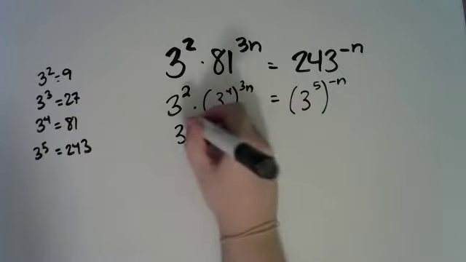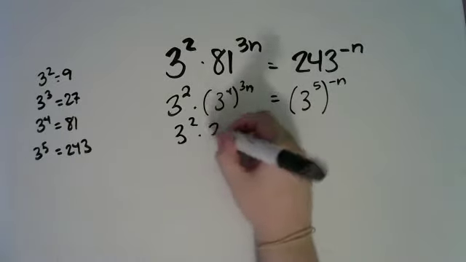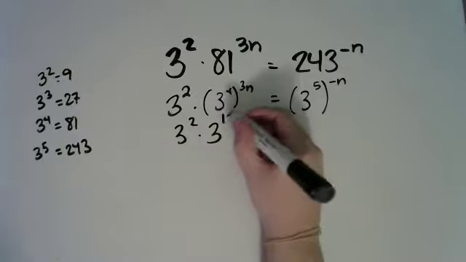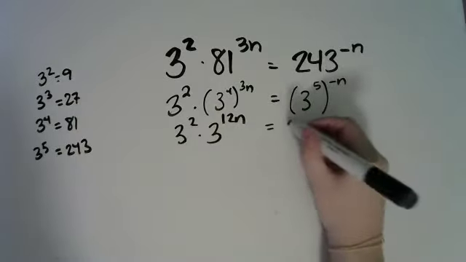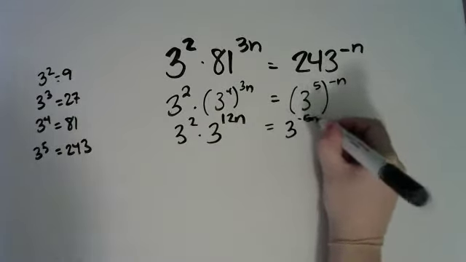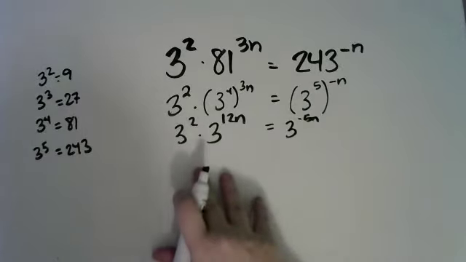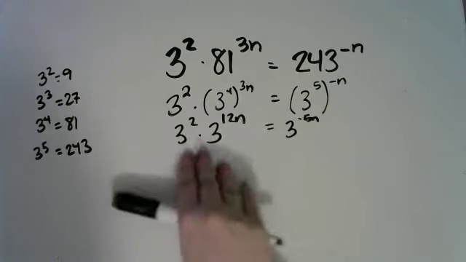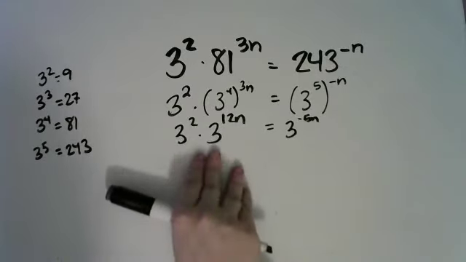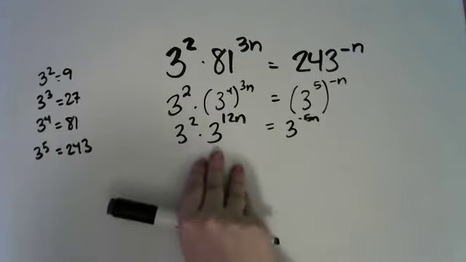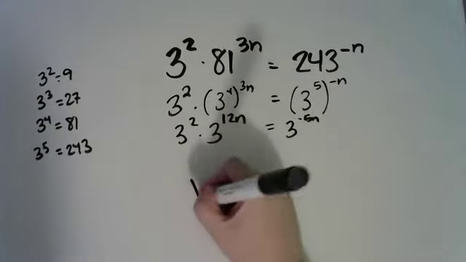With PEMDAS, we want to do our parentheses first. So we have 3 squared times 3 to the 12n equals 3 to the negative 5n. Now this is going to distinguish a highly proficient student from a proficient student, because from here we need to combine these, and if you go back to the front of your notes, you'll see the product rule.